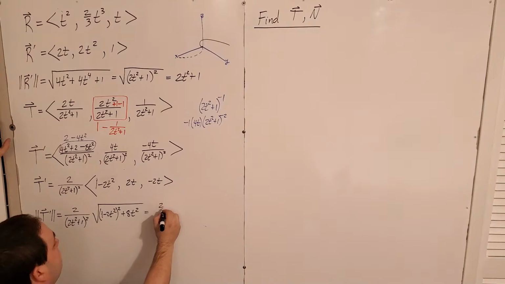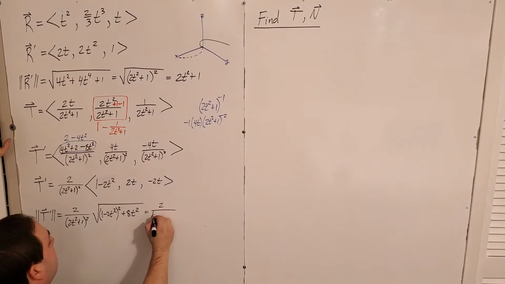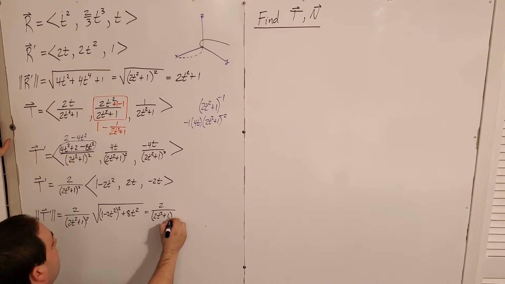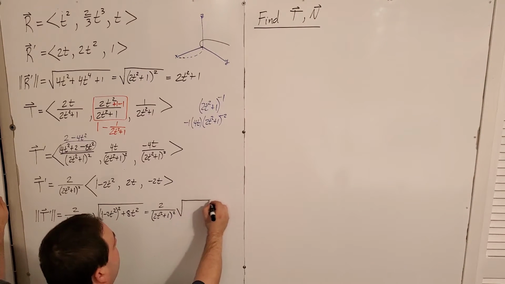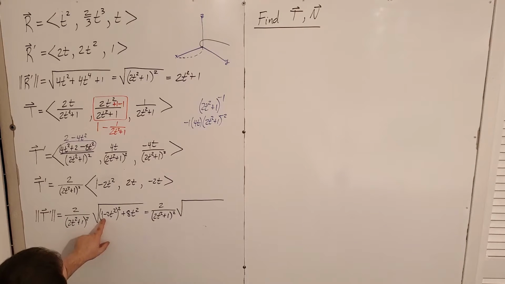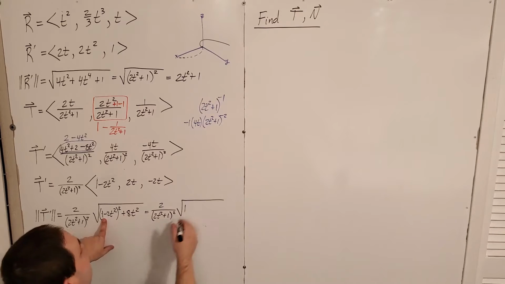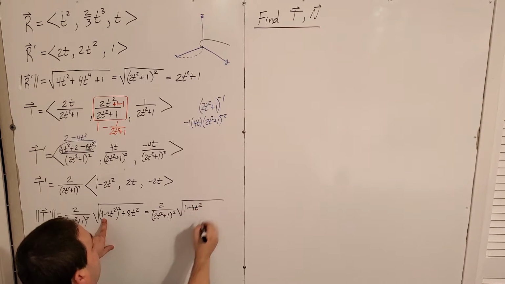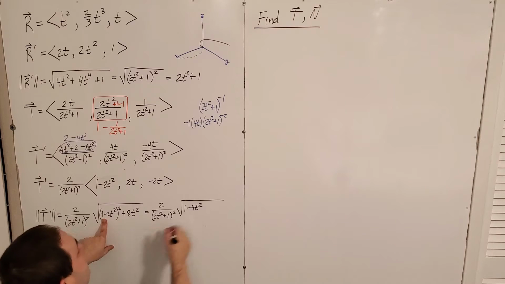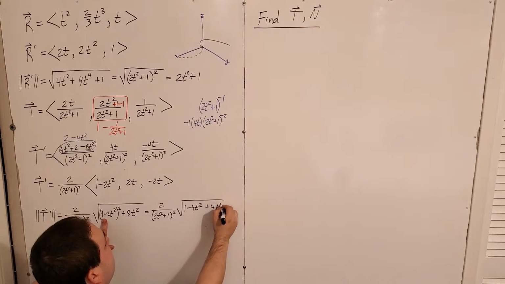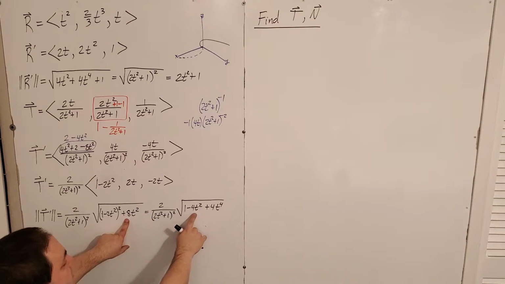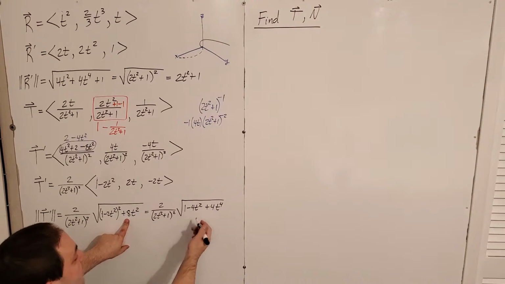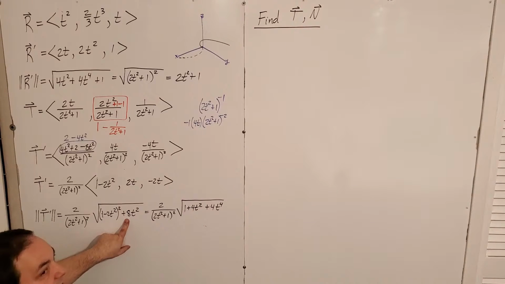So I've got 2 over 2t squared plus 1 squared, and then the square root of, this is going to give me 1 minus 4t squared plus 4t to the 4th, right? Now if I add 8t squared to the negative 4t squared, it's just going to give me plus 4t squared.